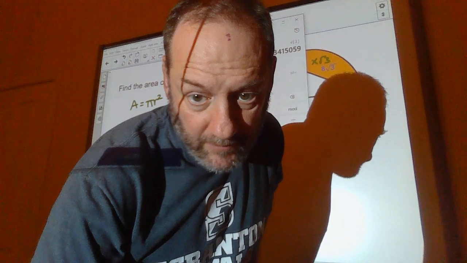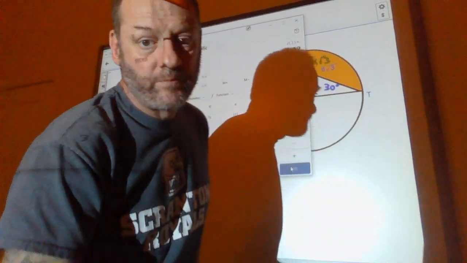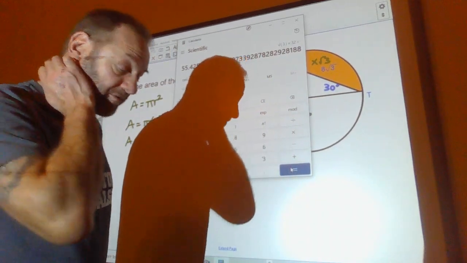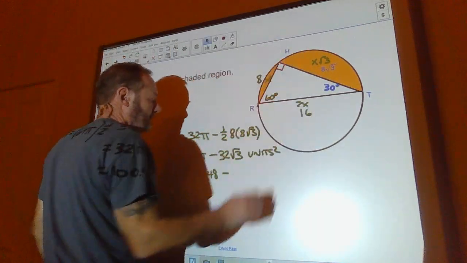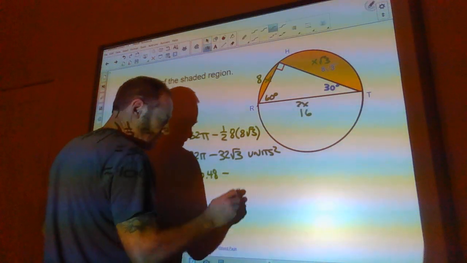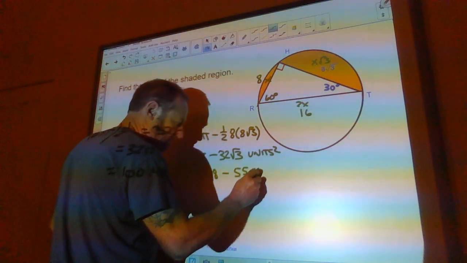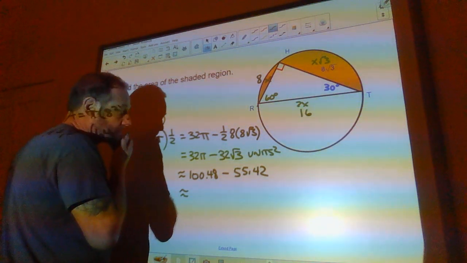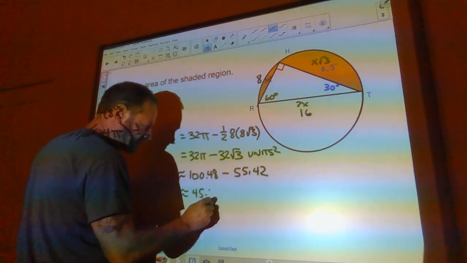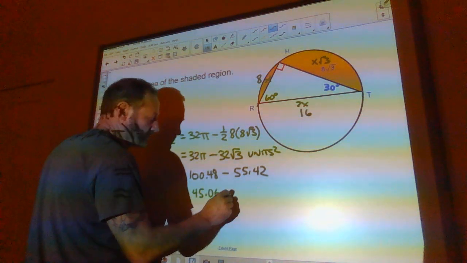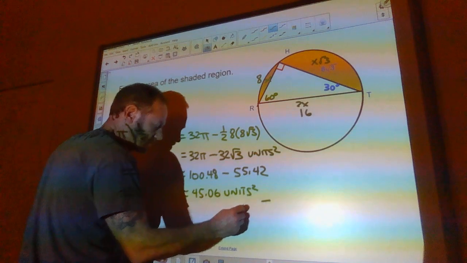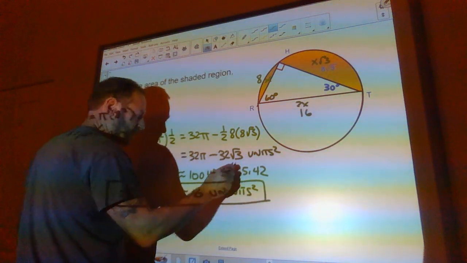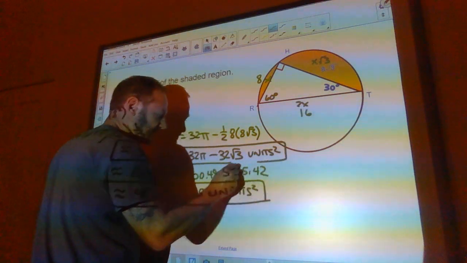So let's take the square root of 3 times 32, and we get 55.42 for that. So 100.48 minus 55.42 is approximately 45.06 square units. So either one of these would be acceptable answers.